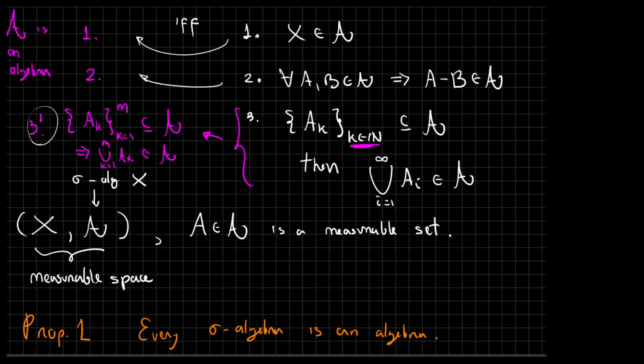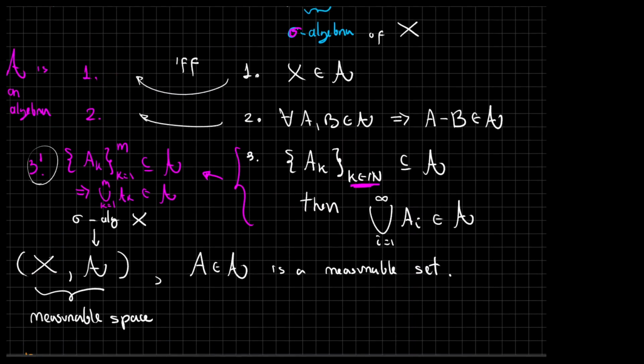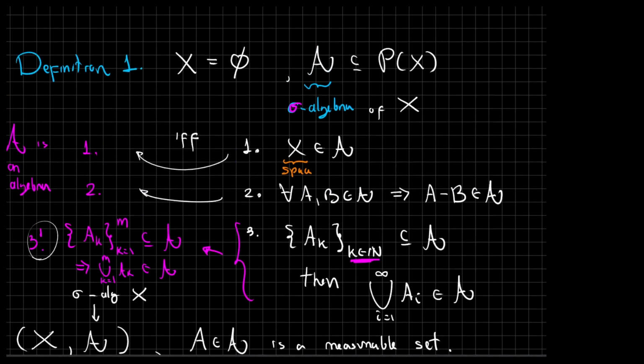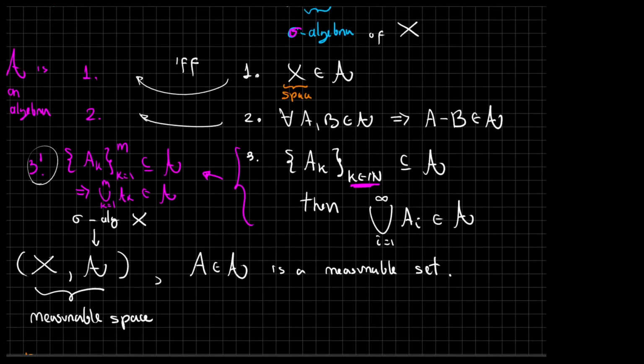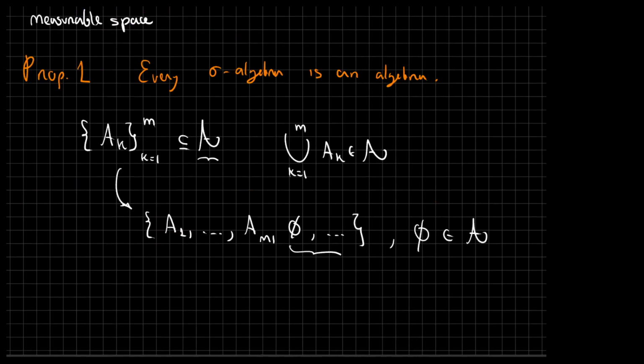But this follows because you know that the whole space, we can call this element the space, is our universe of reference. So this space is an element of A, but by property 2 we will have the space minus the space, because since the space is an element here, then the space minus the space, which is the empty set, should be an element of the sigma algebra.